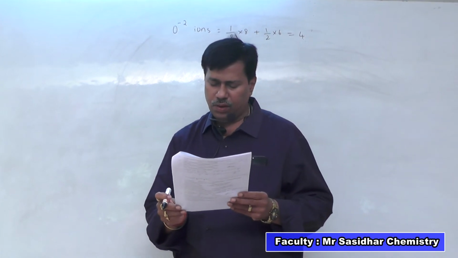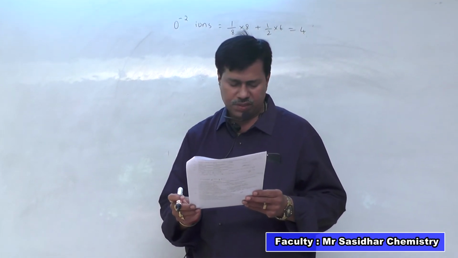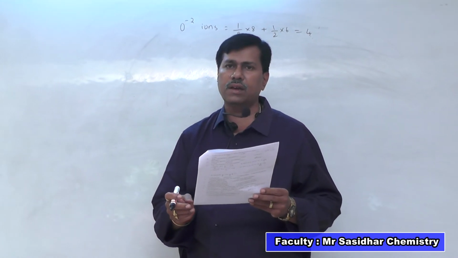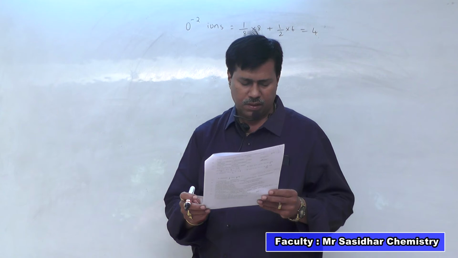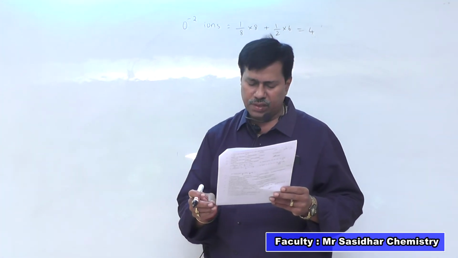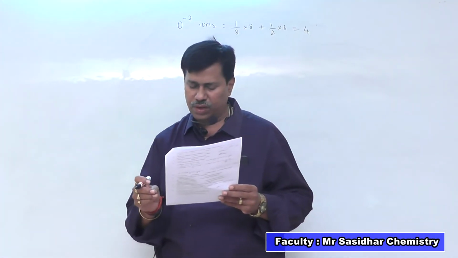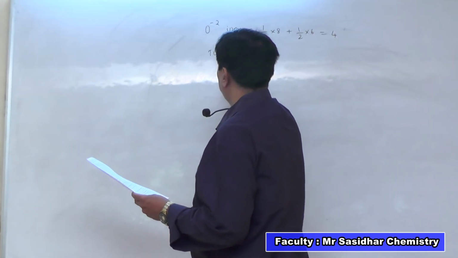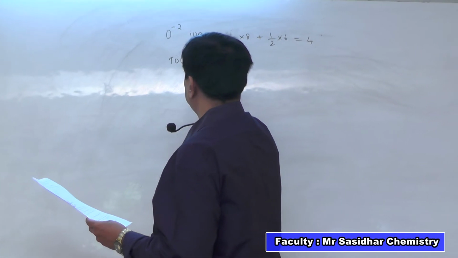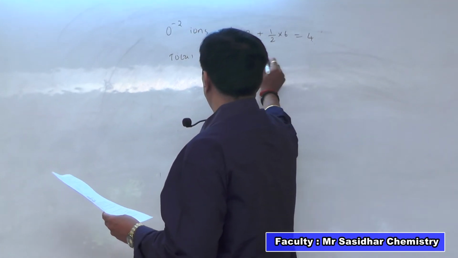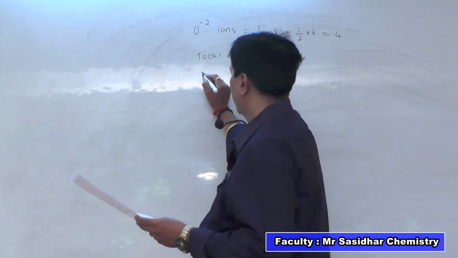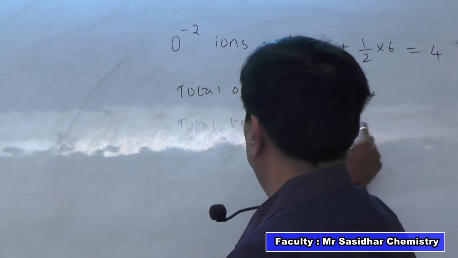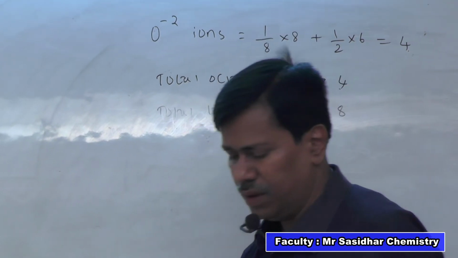Then cation X are present in octahedral voids and Y is equally distributed between octa and tetrahedral voids. The fraction of the octahedral voids occupied, that is what we are asked. Okay. So first let us see total octahedral voids will be 4 and total tetrahedral voids will be 8.